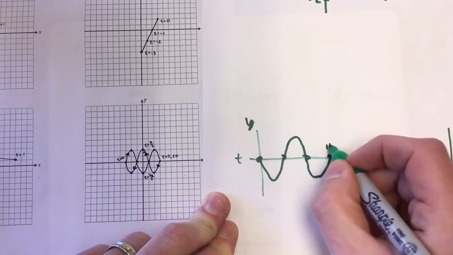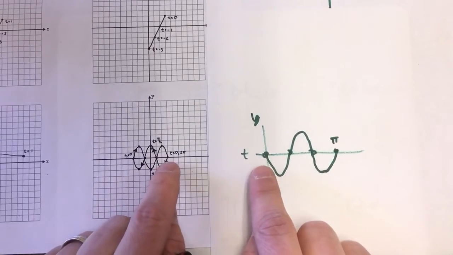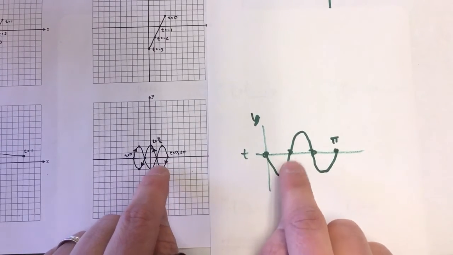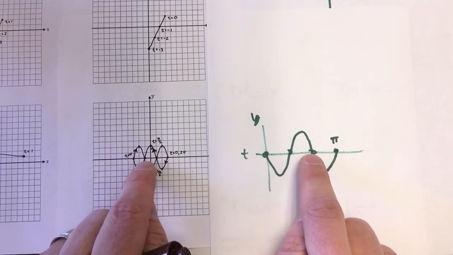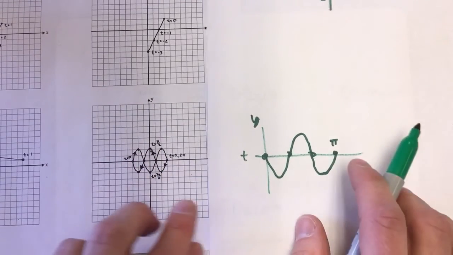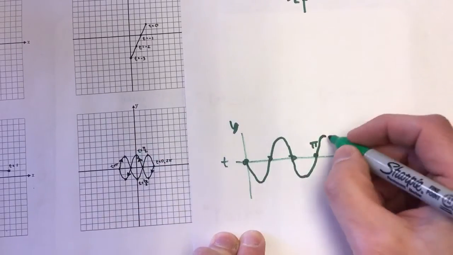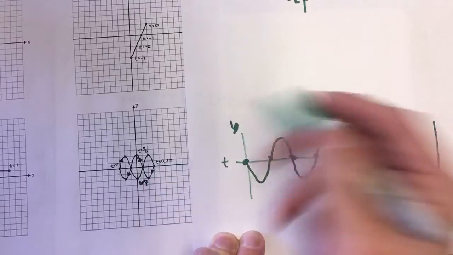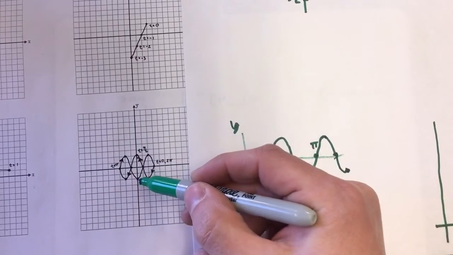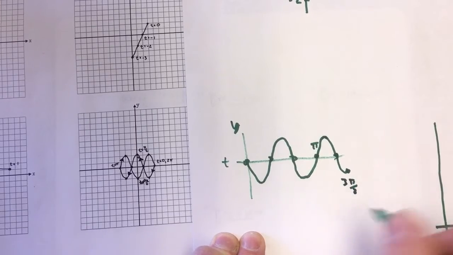There's pi. Started at 0, went down to 0, to up, to 0, to down to 0. And then we went back up, back down, continue going down. That's at 3 pi over 2.